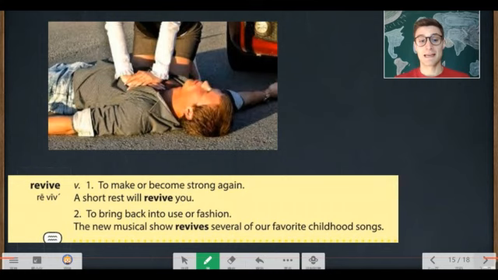The second meaning means to bring back into use or fashion. The new musical show revives several of our favorite childhood songs. When someone passes out and you wake them up, you revive them. So a doctor can revive their patients. Revive.